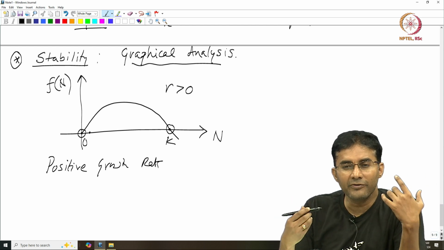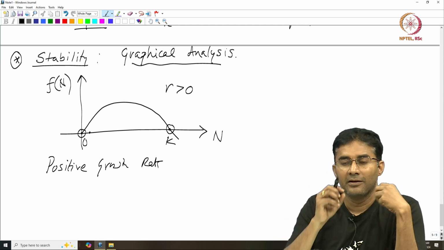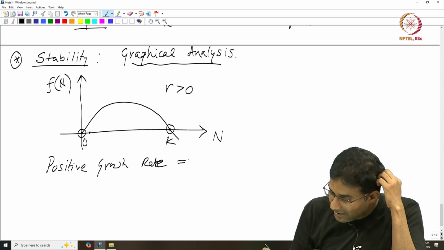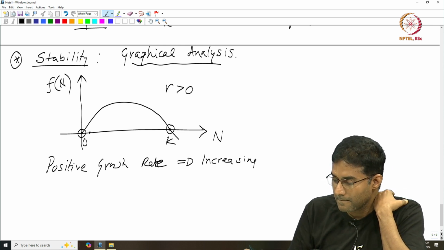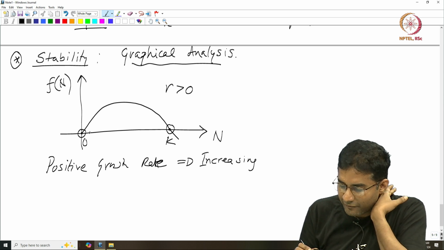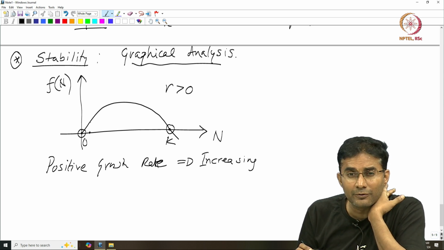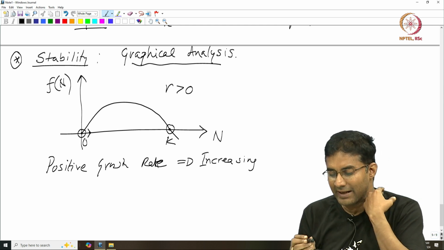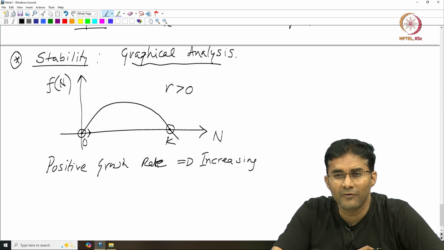Positive growth rate means things are increasing. So, for values close to 0, we actually have a positive growth rate in this model. Therefore, we draw a right arrow to indicate that the population size will increase further.